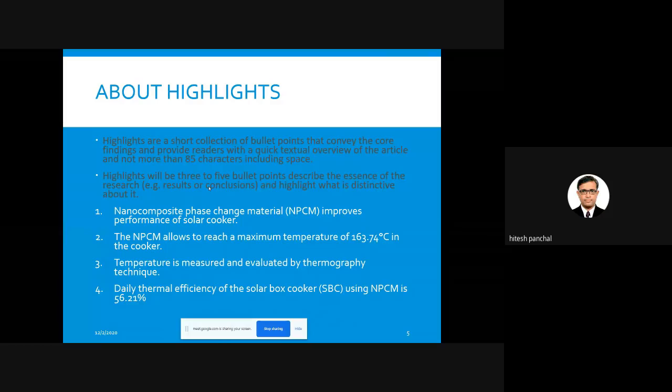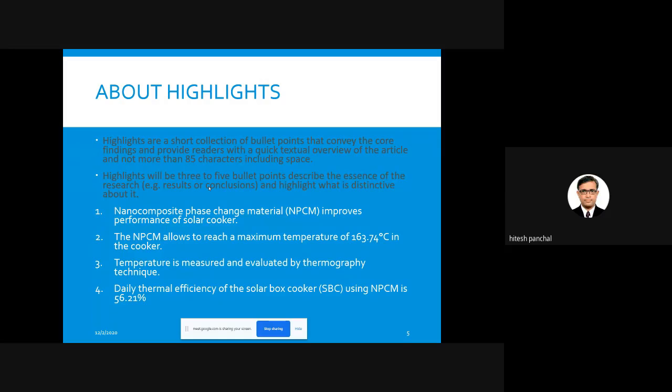So the main purpose of highlights is to give a quick textual overview of the article, and a highlight must not have more than 85 characters including spaces.